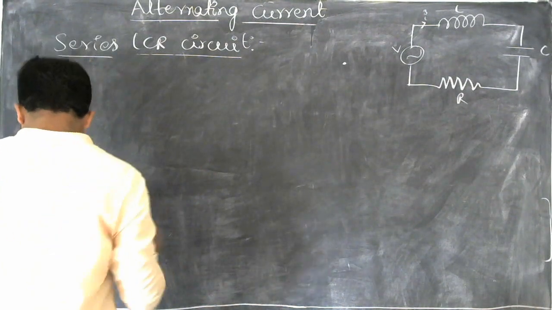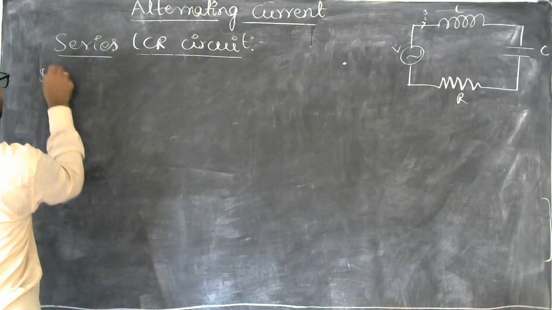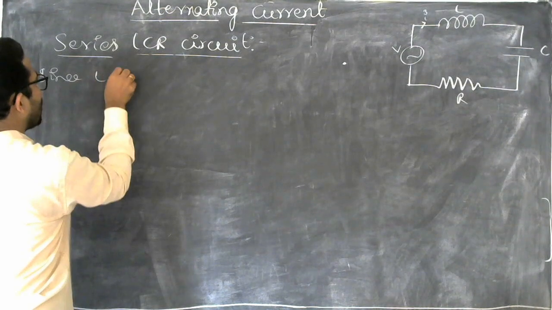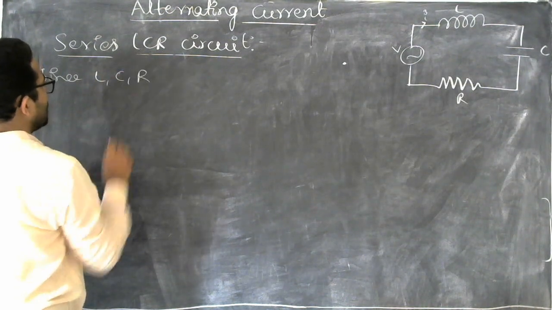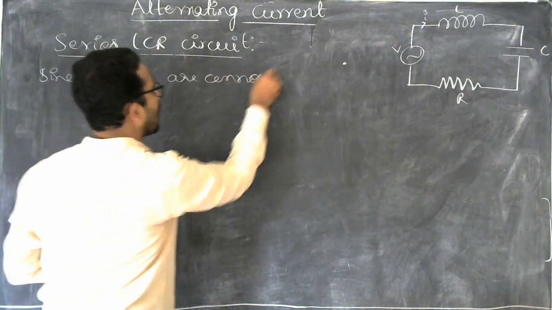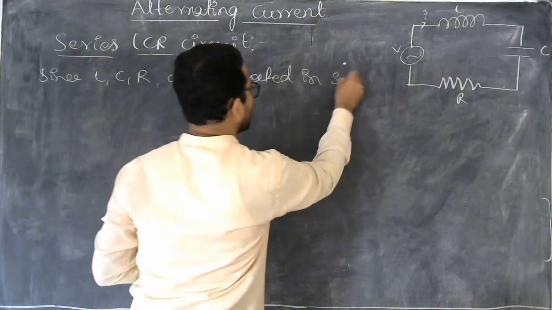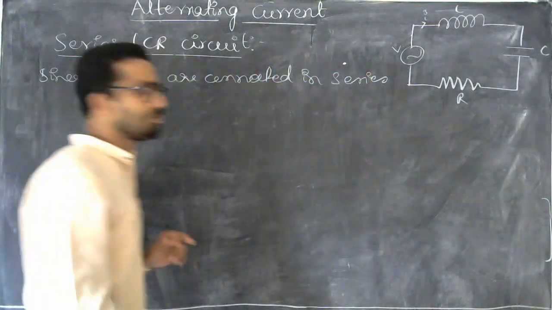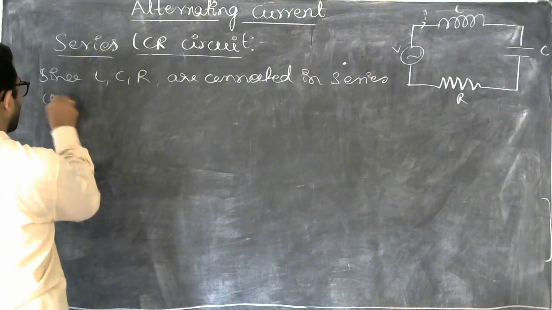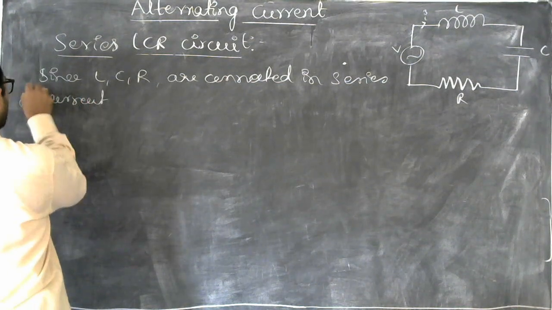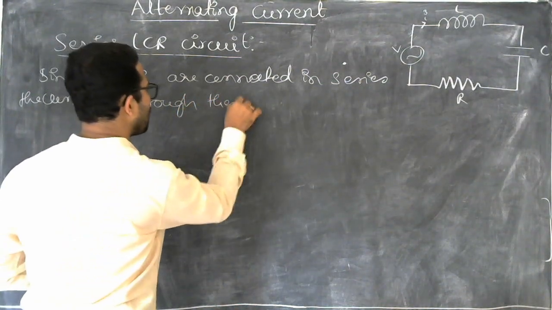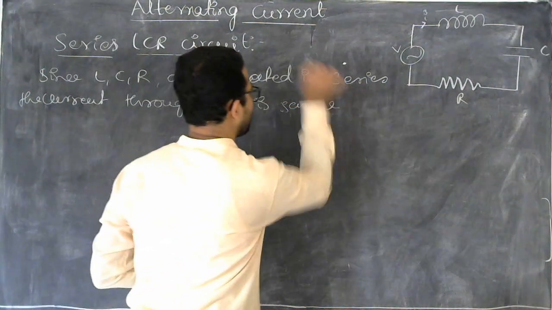So let's write: since L, C, R, inductor, capacitor, and resistor are connected in series, the current through them is the same.